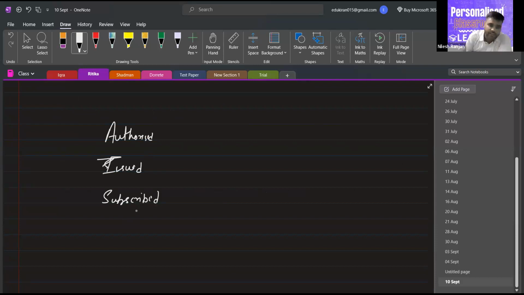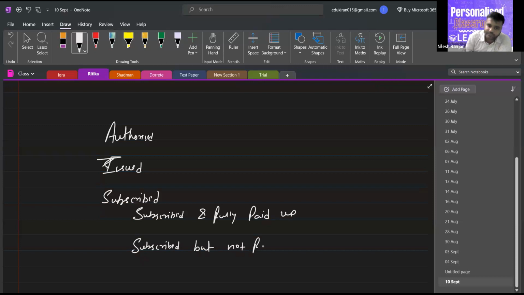In subscribed capital, there are two classifications: subscribed and fully paid up, and there is one more, which is subscribed but not fully paid up. So calls in arrears is related with this part, because if subscribed and fully paid up, it means all the money is received on these shares.